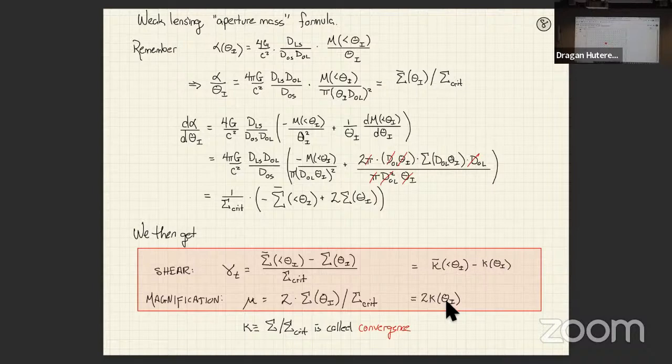Any more? There's one. Okay. You mentioned magnification means that we're stealing brightness from not along the line of sight. So do we ever use voids to try to constrain the lensing potential perpendicular to the line of sight, or is that just way too complicated a signal to even go for?